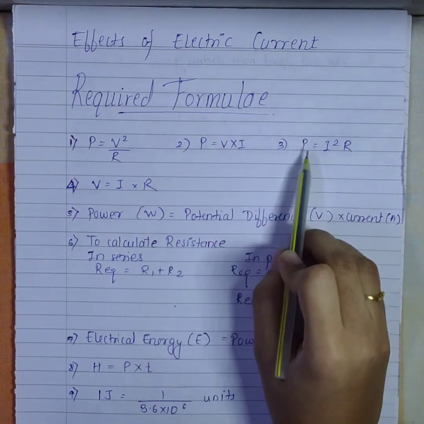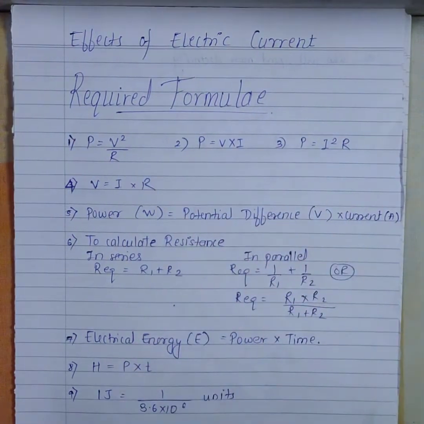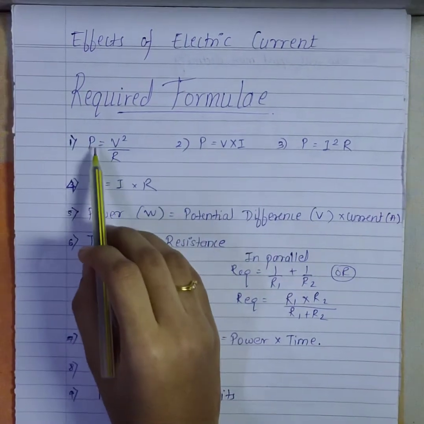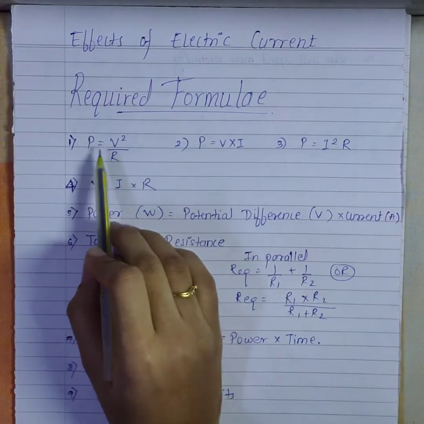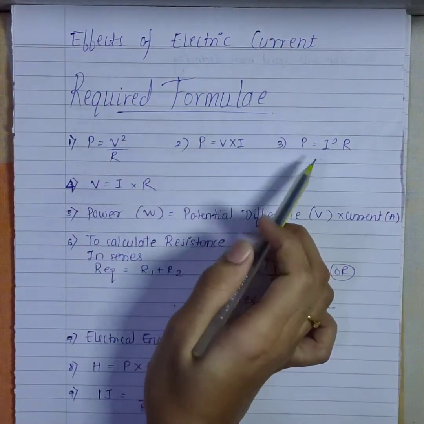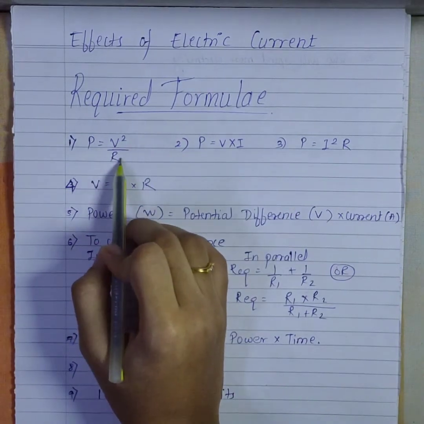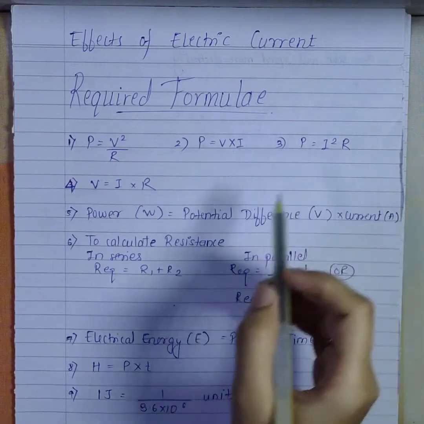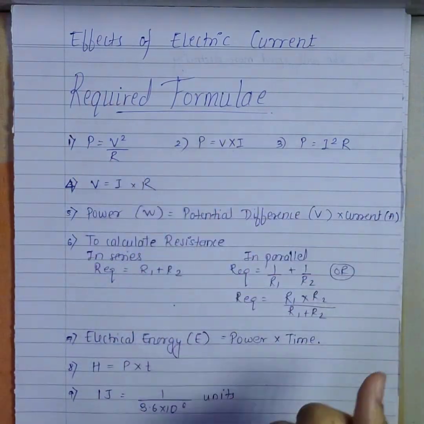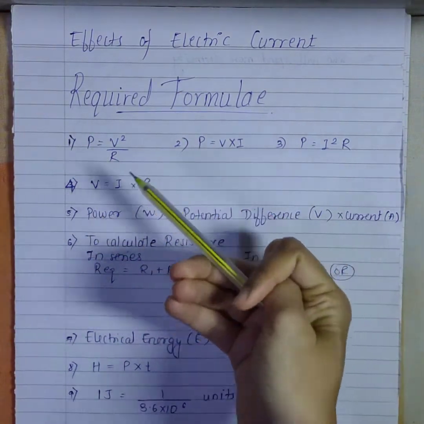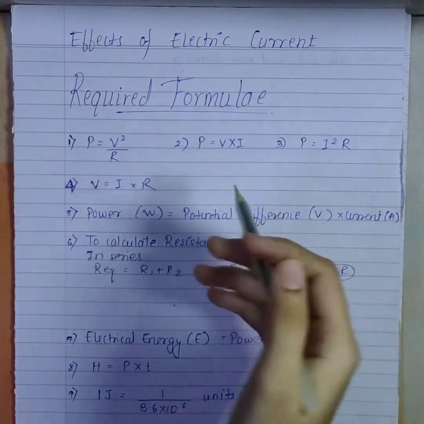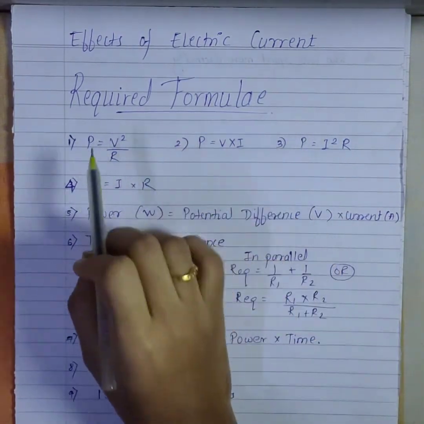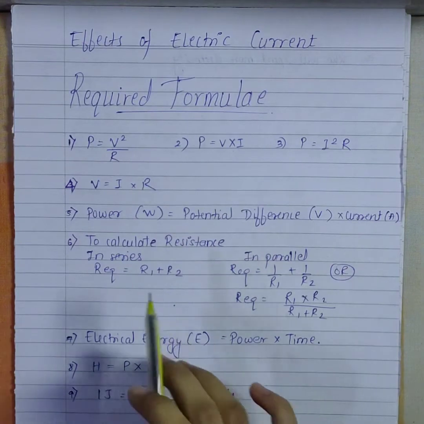And again, P is equal to I square into R. So you can solve the problems related to power using these 3 formulae: P is equal to V square by R, P is equal to V into I, and P is equal to I square into R. Based on what is given in your sum, you will decide which formula to be used for power.